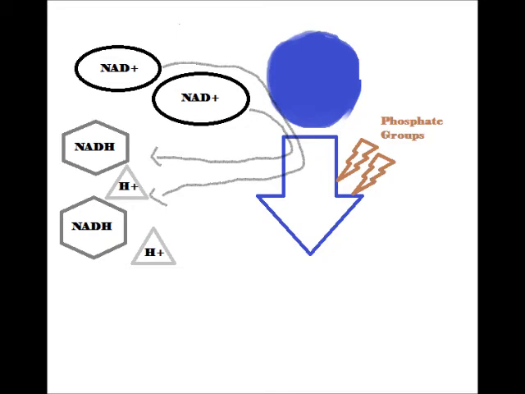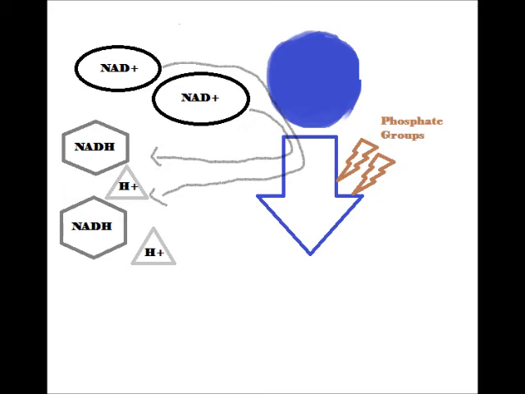So they'll join up, and it'll create a lot of energy, this part of the process, because you're getting those NADHs and the hydrogen ions, and you're taking in those phosphate groups. So your potential energy is very high. Up until now, you've just been investing energy. You've taken in those 2 ATPs, so you're using energy.